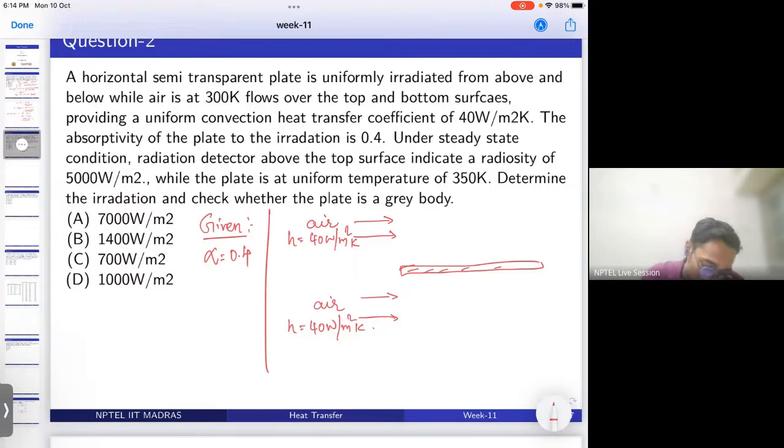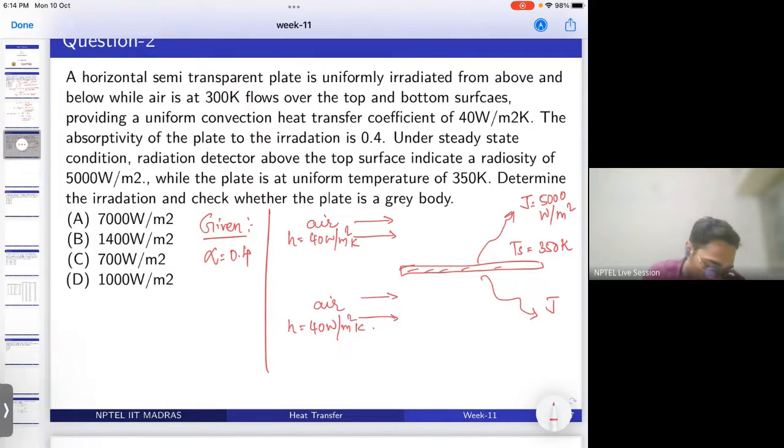Under steady state condition, the radiation detector above the surface indicates a radiosity of 5000 watts per meter square. I am denoting the radiosity as J. So from both top and bottom, we have a radiosity J of 5000 watts per meter square, which is detected by a device.